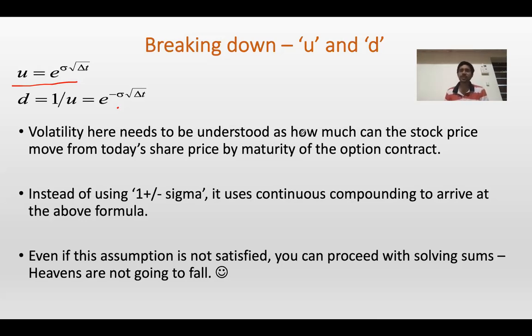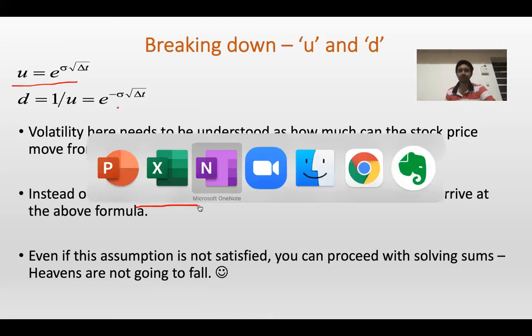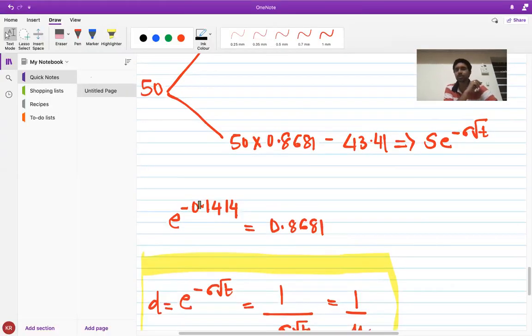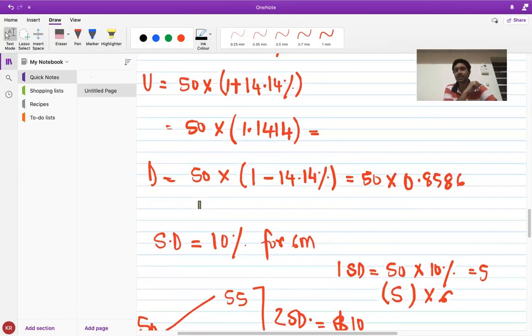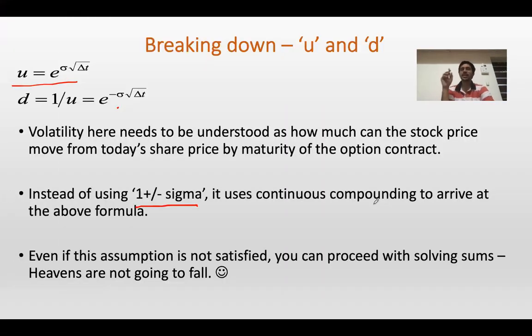Instead of using 1 plus or minus sigma, which means, if you saw in our example, we had used 1 plus 14.14 percentage and 1 minus 14.14 percentage, this formula is using continuous compounding to arrive at the above formula.